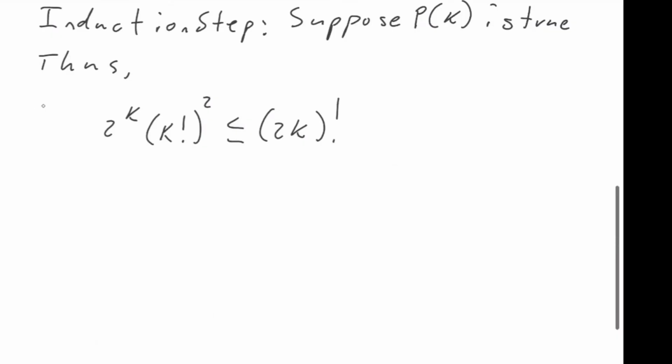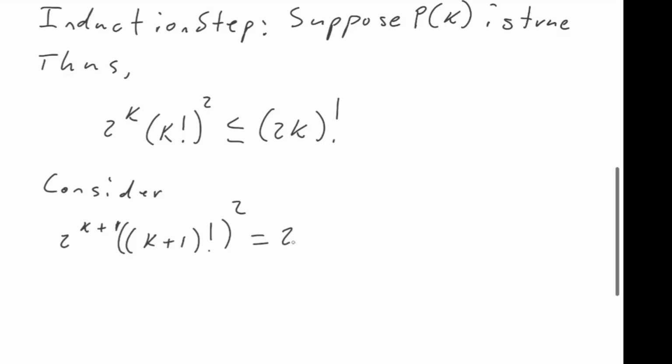So now let's consider 2 to the k plus 1 times k plus 1 factorial and then squared. All right. So we know this is equal to 2 times 2 to the k. That's the same thing as 2 to the k plus 1. And k plus 1 factorial squared is just k plus 1 factorial times k plus 1 factorial.